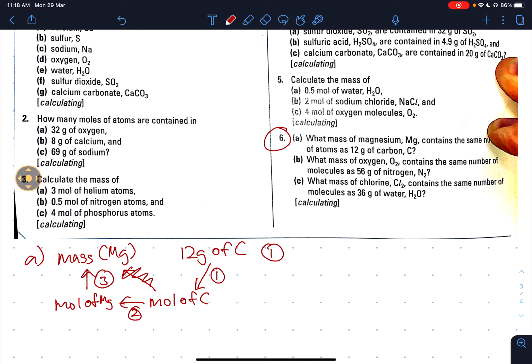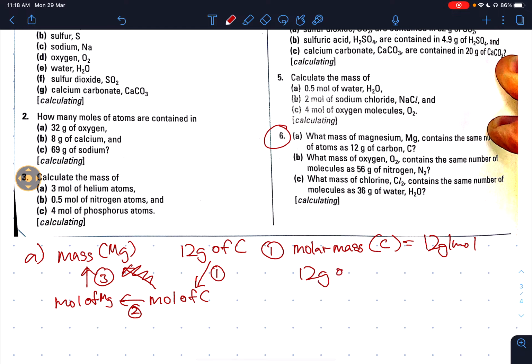To find the number of moles, I can use the equation or the ratio. Let's use the ratio again. The molar mass of carbon from the periodic table is 12 grams per mole. What 12 grams per mole means is that 12 grams of carbon is equal to 1 mole.